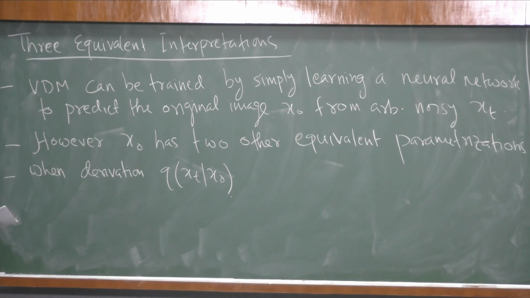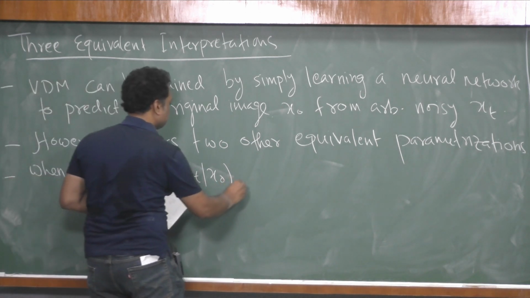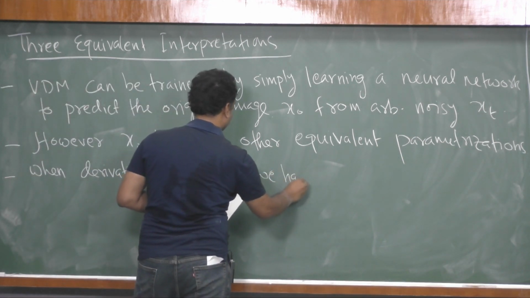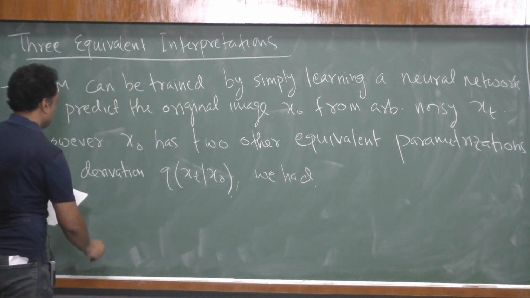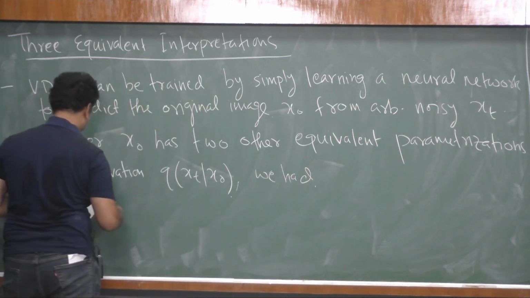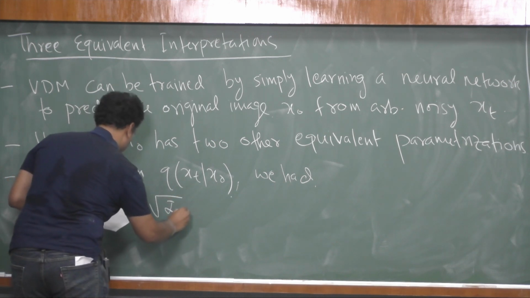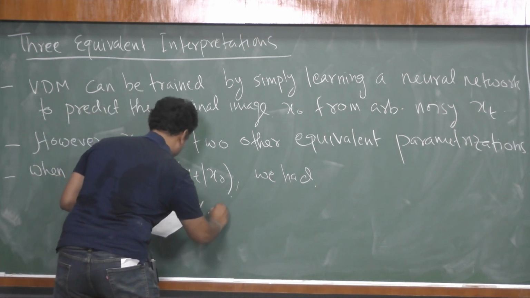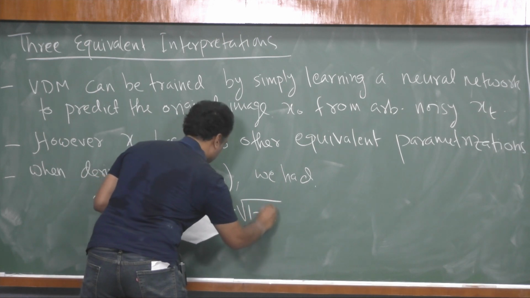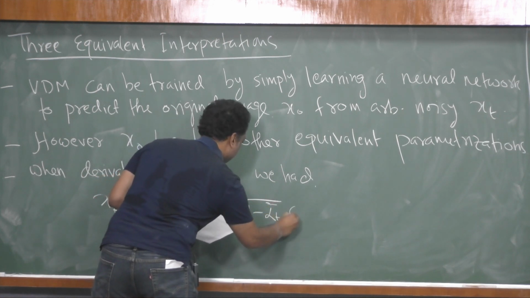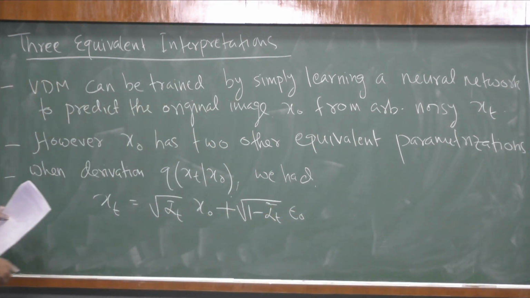We have done this derivation before, and with that we derived that xt is equal to square root of alpha bar t x naught plus square root of 1 minus alpha bar t epsilon naught. Okay, so this is what we derived before.